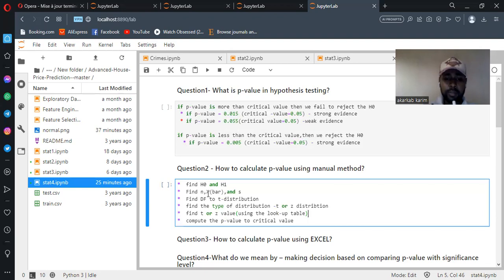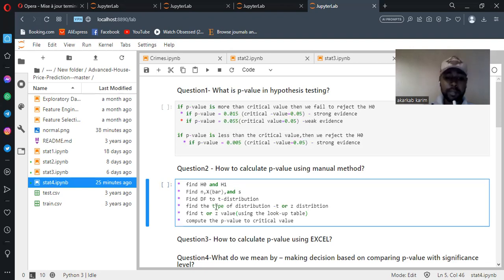And also here we need to calculate the x bar, the average or the mean of this sample. And the third measure we need to determine is the standard deviation of the sample, because S here is the symbol of the standard deviation of the sample, not the standard deviation of the population.